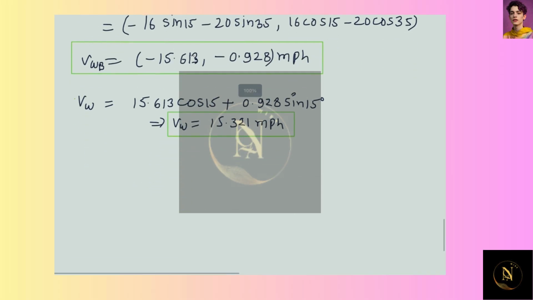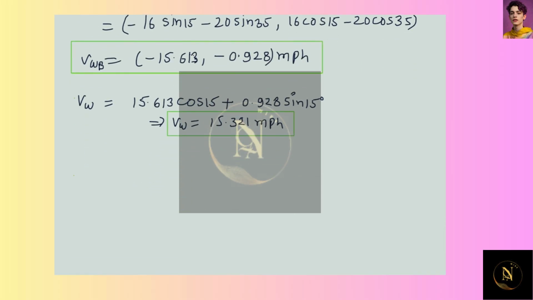So now talking about the next part. We have asked about the next velocity of wind Vw, from the third part, C part, this is B part.